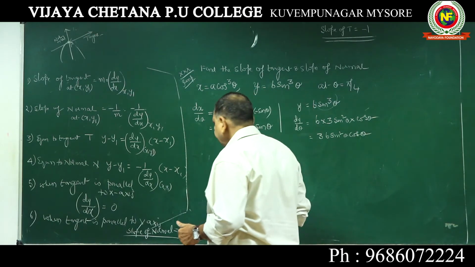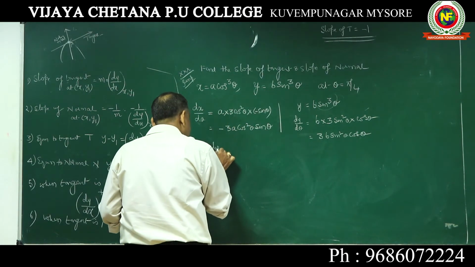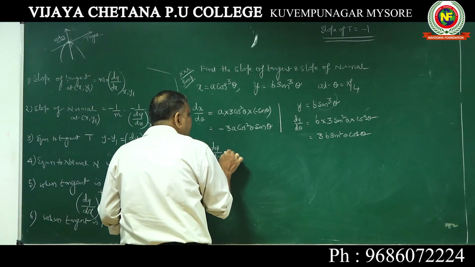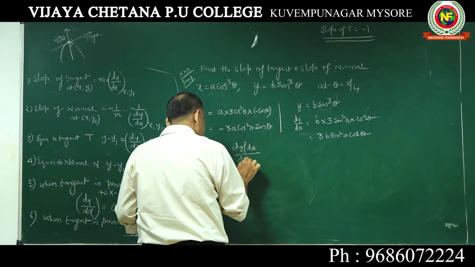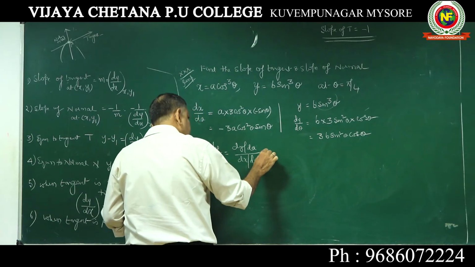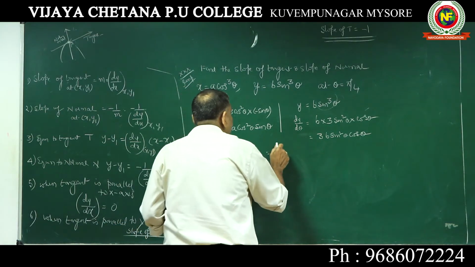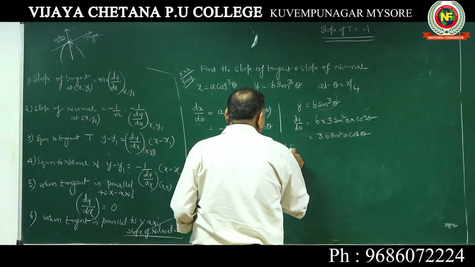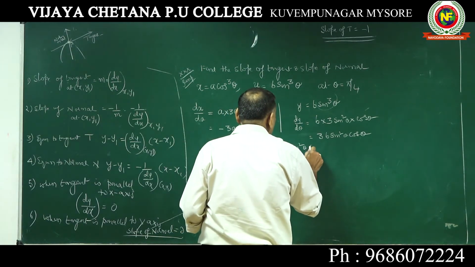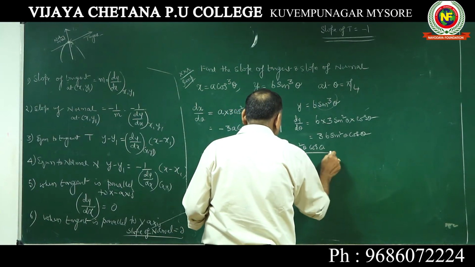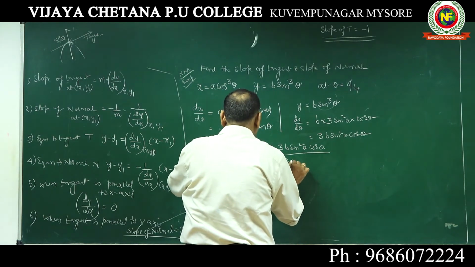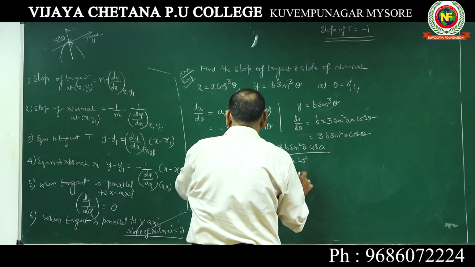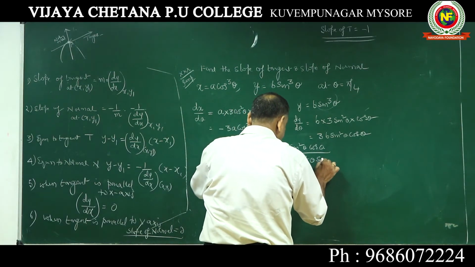Now dy by dx is equal to dy by d theta divided by dx by d theta. That is 3b sin square theta cos theta divided by minus 3a cos square theta sin theta.